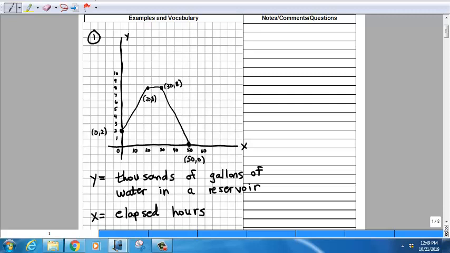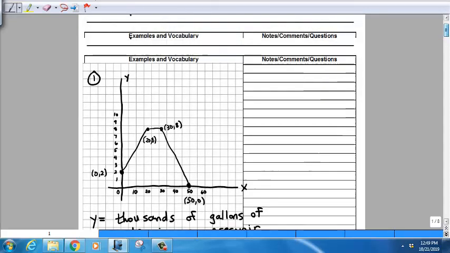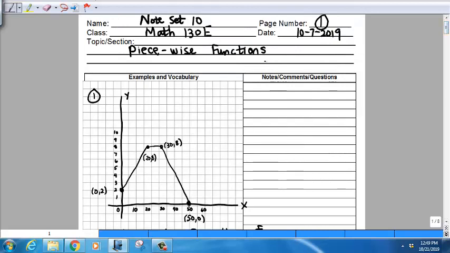That's why the title of this set of notes is what it is. We're only going to look at piecewise functions where the individual pieces are straight lines.